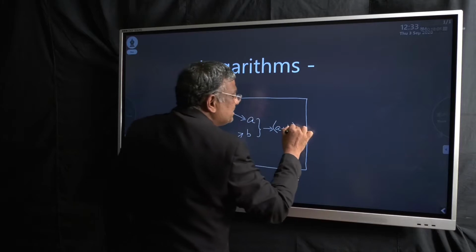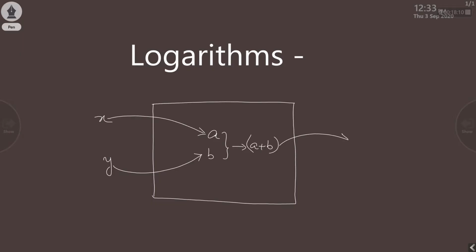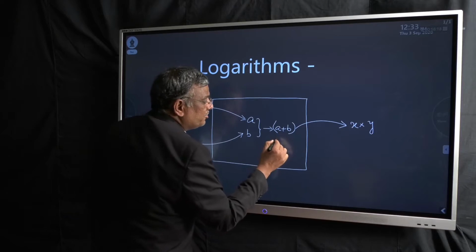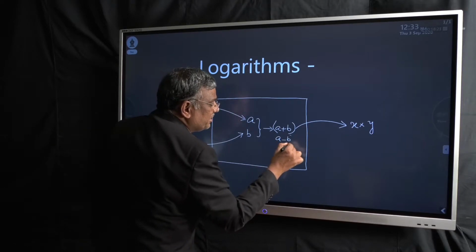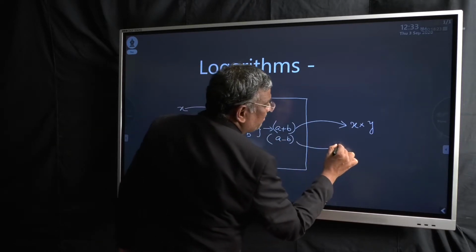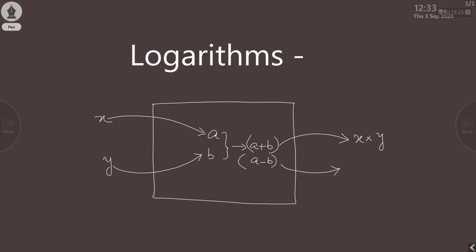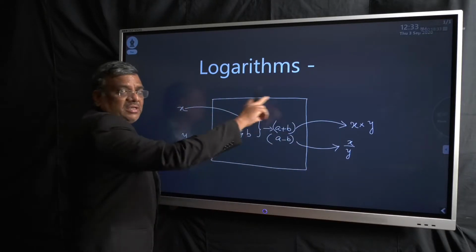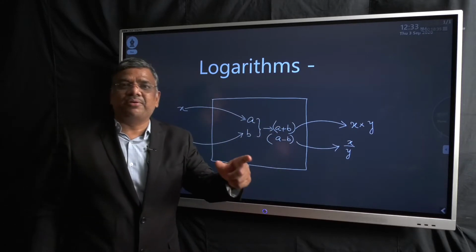When you bring this a plus b out, the outside number will be x into y, that is, the product of x and y. Or you calculate a minus b here, bring this number outside, and whatever number comes out is x by y. So such a box is developed.